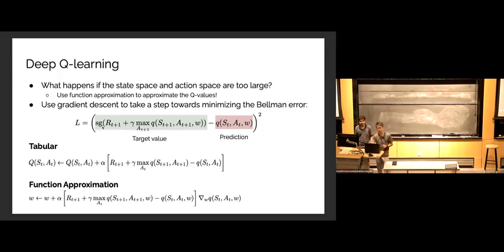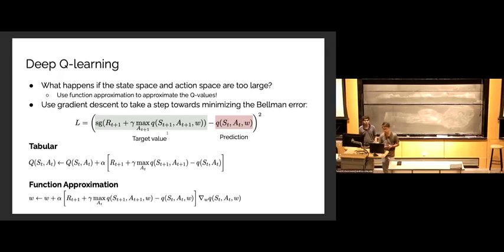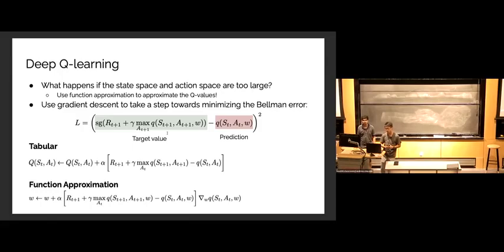The SG denotes stop gradient. For the target value, you must stop gradient because this is just a reference value. If you do not stop gradient, the original TD learning will probably fail because it's very unstable.